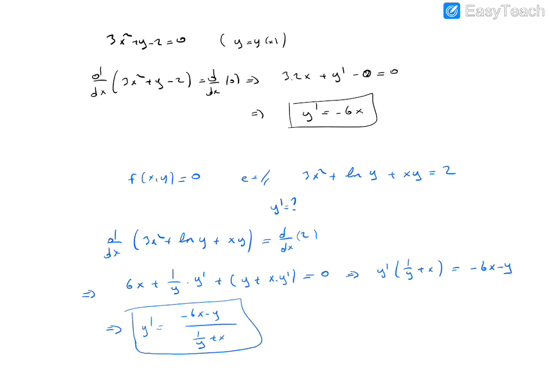Since y is given implicitly, the derivative of y can include both variables x and y. This is normal for us. So by this idea, you can calculate the derivative of an implicit function.